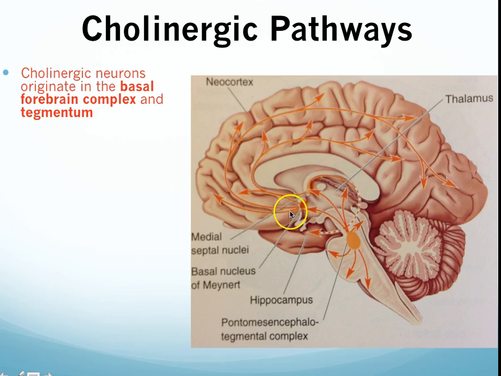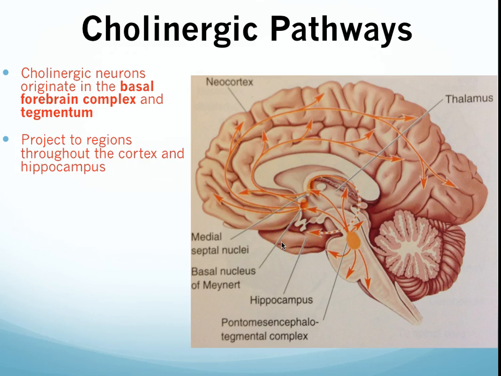This is what's referred to as the basal forebrain. You remember the forebrain goes up to where you have the tectum and the tegmentum, which would be the beginning of your midbrain, and your hindbrain would be back here. So this is the basal forebrain, basal because it's near the bottom, and forebrain because it's in the forebrain area. This is where we have the origination of cholinergic neurons.